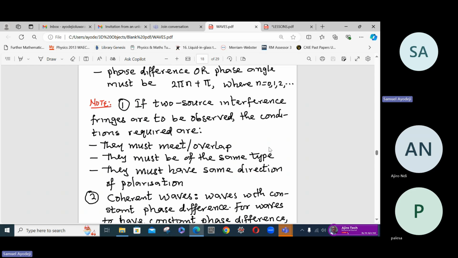Two, they must be of the same type. Three, they must have the same direction of polarization. If the question is 2 marks, you give any 2. If it's 3 marks, you give the 3 points. A point for 1 mark: they must meet, they must be of the same type, they must have the same direction of polarization.